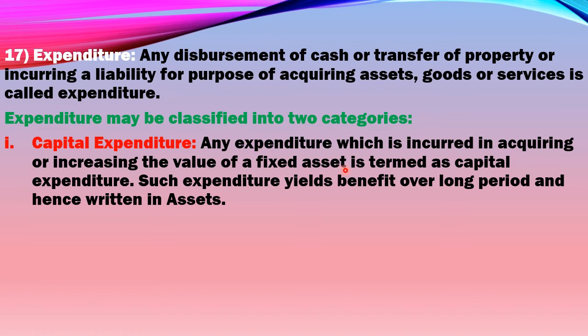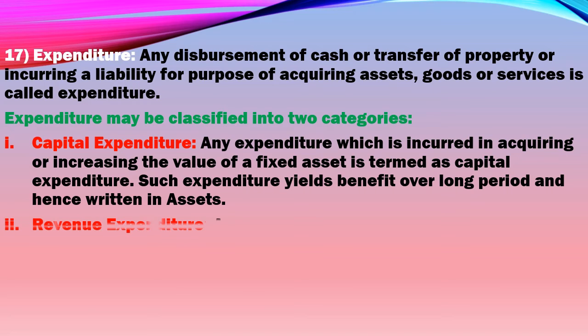And these fixed assets like machinery, or you're constructing a building for extension of your factory building, or you're purchasing a truck for transporting your goods. So all these will give benefit over a long period of time, and so these capital expenditure which increases the fixed assets in your business will be termed as capital expenditure, and it will be written as asset.